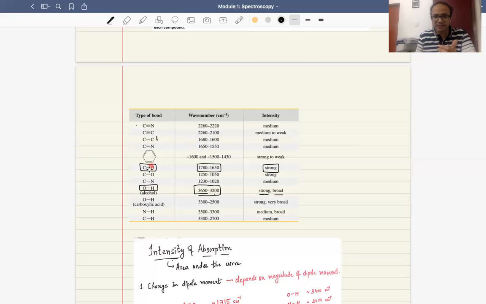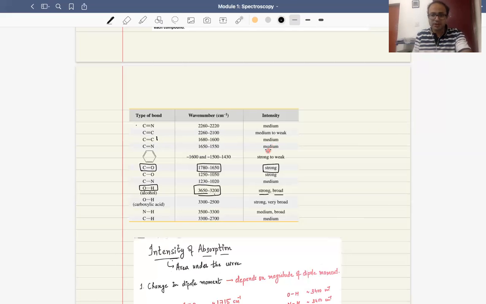In this table, if you look at C=O, the peaks are pretty strong. However, when it comes to C=C, the peaks are of medium intensity. So that's why understanding the factors on which this intensity depends is very, very important.